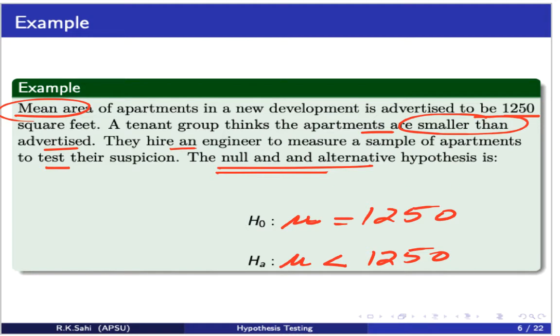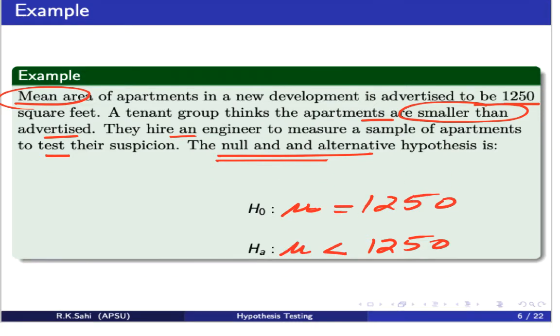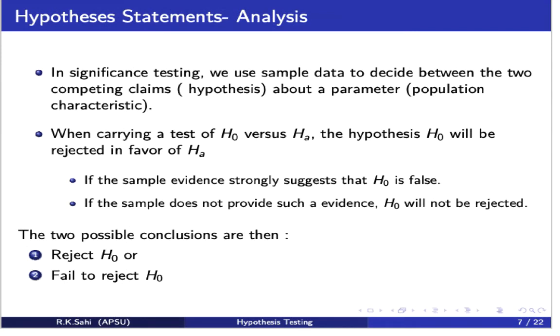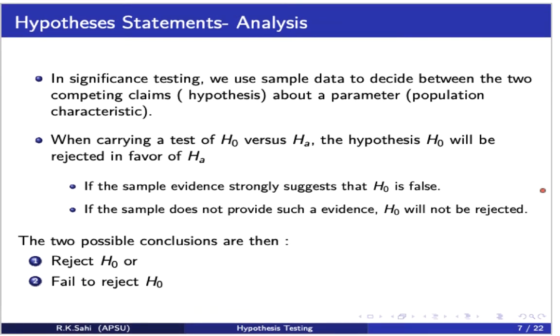Okay, so once we are comfortable with writing down the null and the alternative hypothesis, the next step is we have to make the analysis. In other words, when we're doing a test of the null against the alternative hypothesis, we have to make the conclusion, whether we accept or reject the null hypothesis.